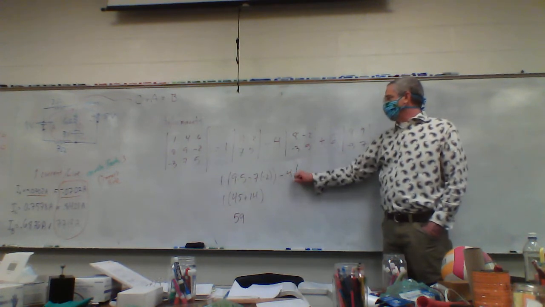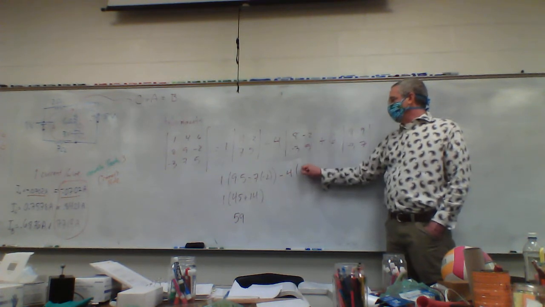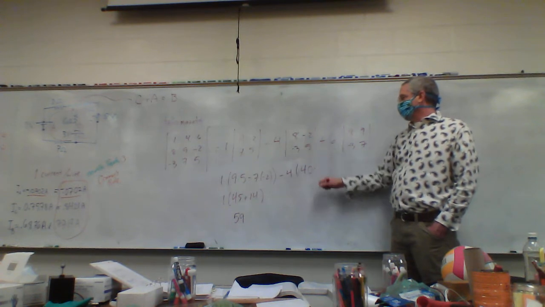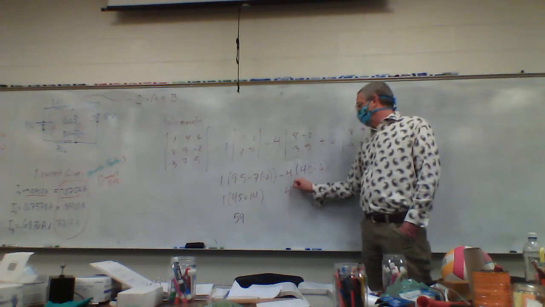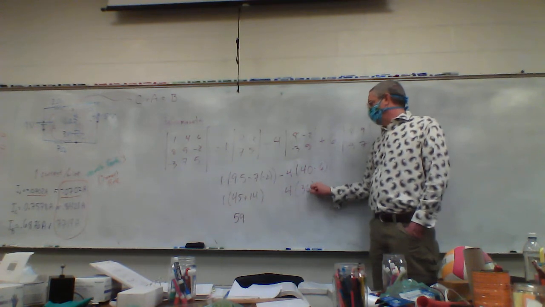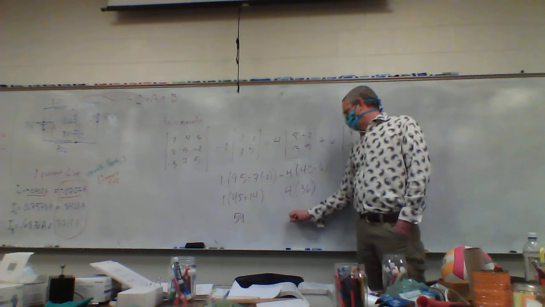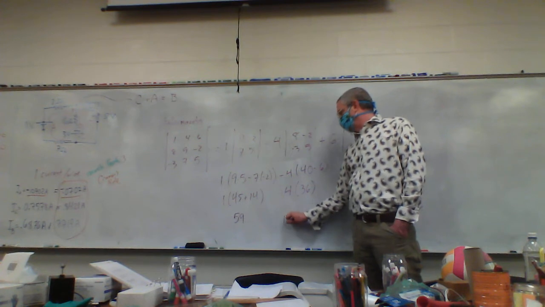minus 4 times 8 times 5, which is 40, minus negative 2 times negative 3, which is 6. So 4 times 36, which is 144.